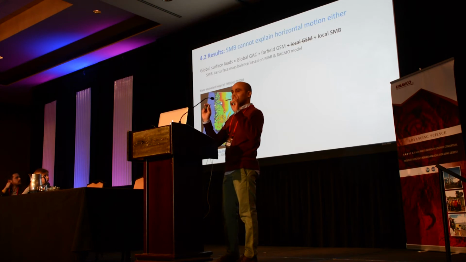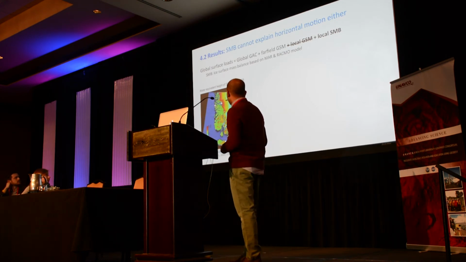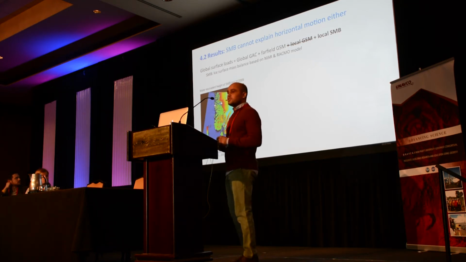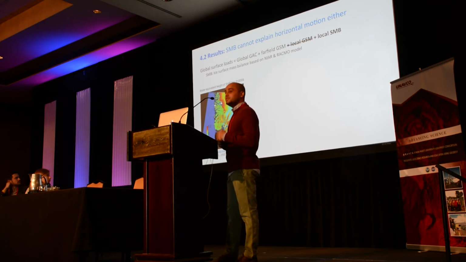And we define this local region to be the GRACE mass cone, as you see in here, that encompasses the Ring station. And within this local domain, we now use a physically based surface mass balance model.